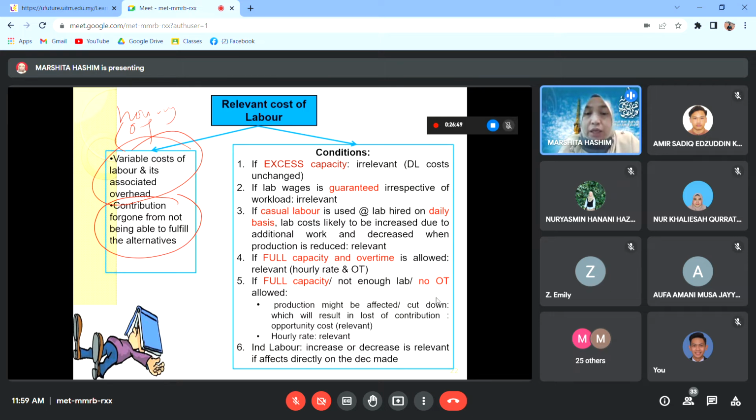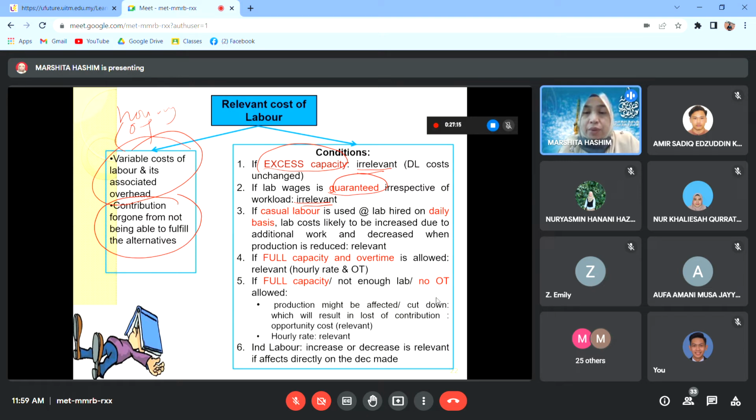Now look at six conditions. The first condition, if we are in excess supply, labor cost is irrelevant. If labor wages are guaranteed irrespective of workload, labor cost is also irrelevant. Irrelevant means when you calculate the minimum price, you exclude the value because it is irrelevant.